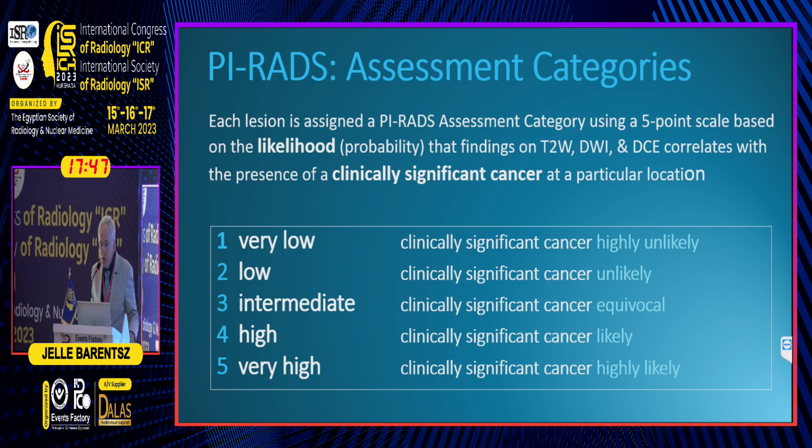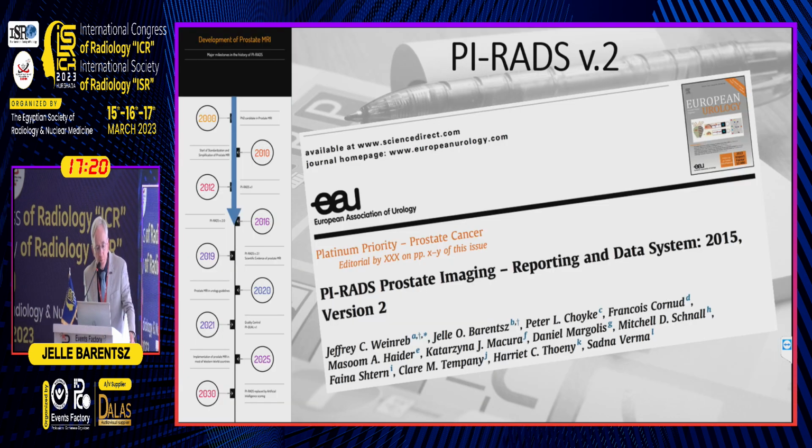Each lesion is assigned a risk on a 5-point scale. That findings on T2, diffusion and contrast enhanced MRI, correlate with the presence of a clinically significant cancer at a certain location. So not any cancer, no, clinically significant. 1 is low and 5 is high. 3 is I do not know.